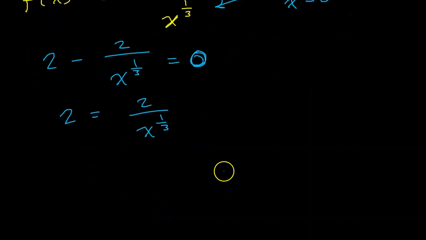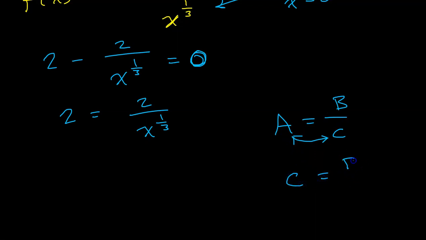Now there's something that I've learned, which is kind of a shortcut, but it comes up so often that I want you to be comfortable with it. If I have A is equal to B over C, you can always swap these two, and it will still be a valid equation. So I can have C is equal to B over A. If you play around with it, you'll find that this always works.